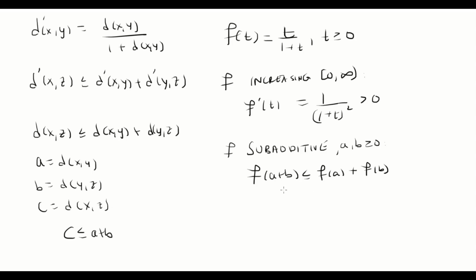So f of a plus b is a plus b over 1 plus a plus b. F of a is a over 1 plus a. And f of b is b over 1 plus b. So we'll multiply both sides by the denominator.